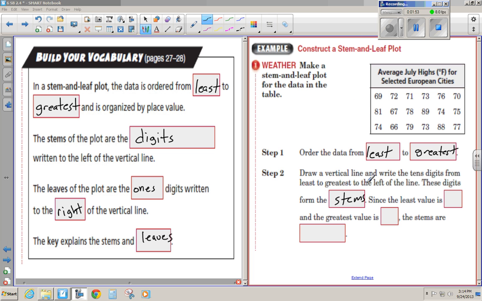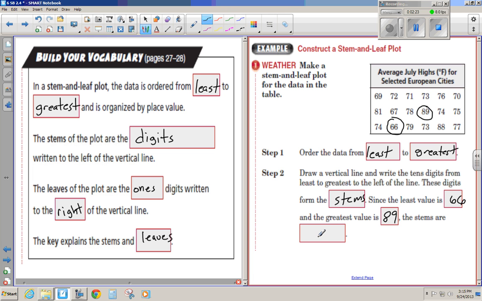Right, so since the least value is first, when you're looking at these numbers, you're looking for the number that is the smallest. The smallest number is 66. And the greatest value looks like 89.